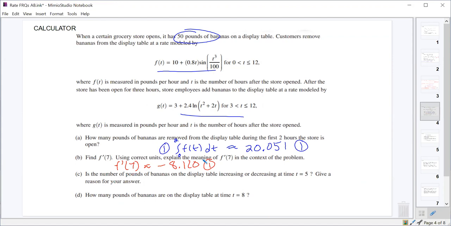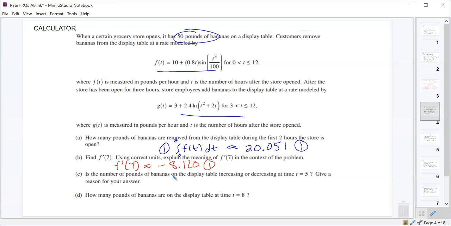So f prime is the derivative of f, right? And f itself is the rate at which bananas are being removed from the display table. So f prime ought to be the rate of change of this rate, right?